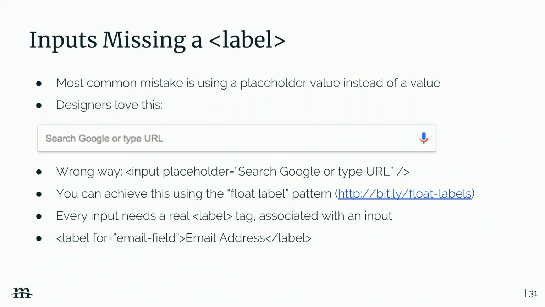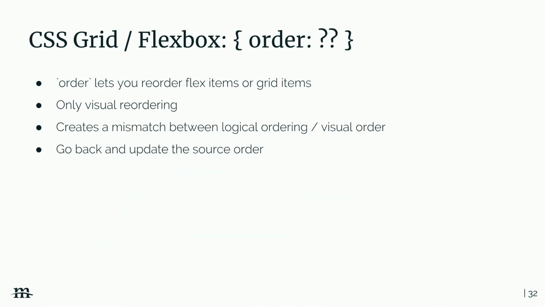The gist of it is you do your input, and then the label goes directly underneath your input, and then you style the label conditionally depending on whether the input is in focus or not. But the main point is that every input needs a label. You associate it either by using the for attribute or actually just sticking the input inside of the label. So it's easy, but it's also easy to forget about.